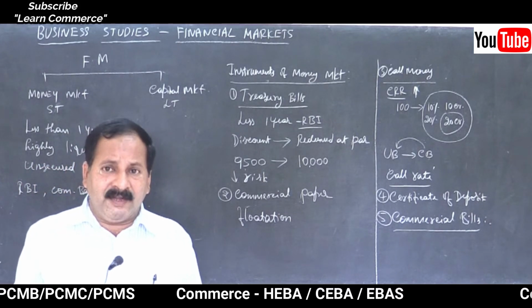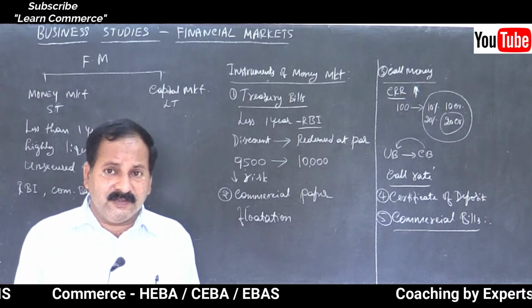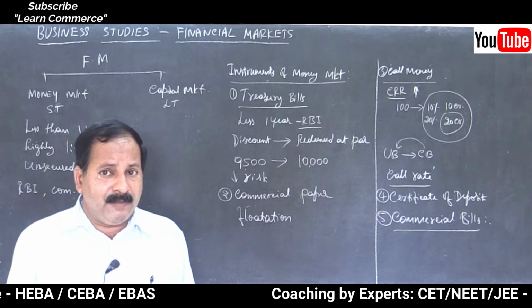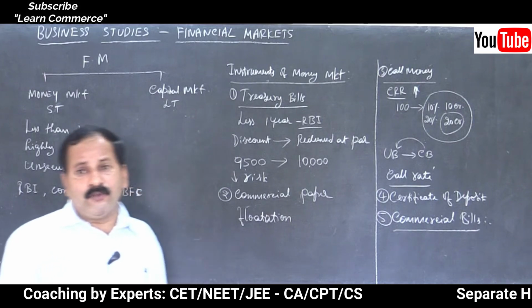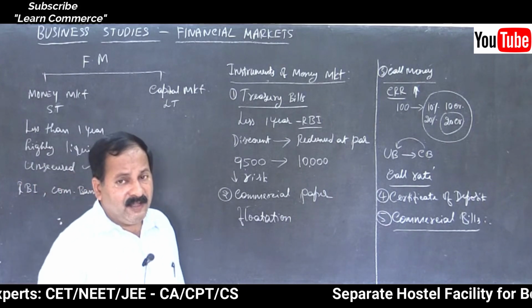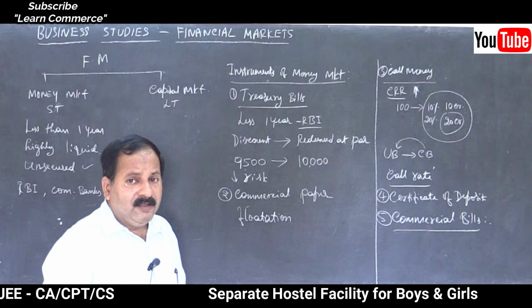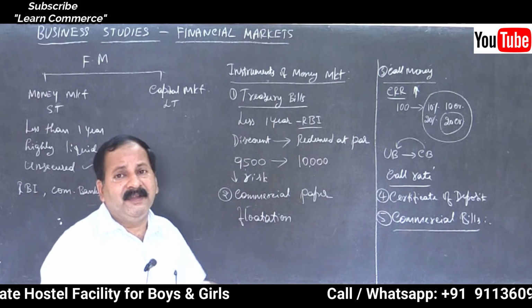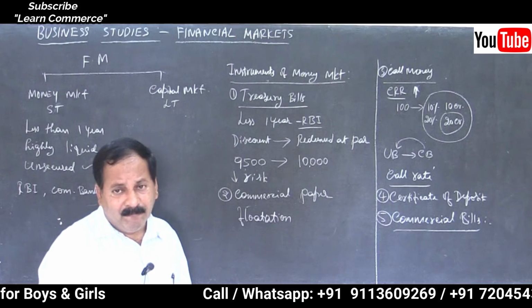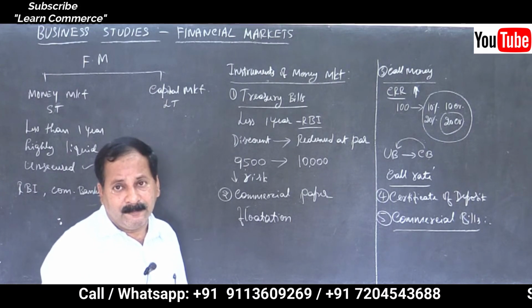Even if there is no money, we can do the transactions, we can earn profit, isn't it, by using these instruments which are short term in nature and they are negotiable and can be transferred by endorsement and delivery from one person to another person.